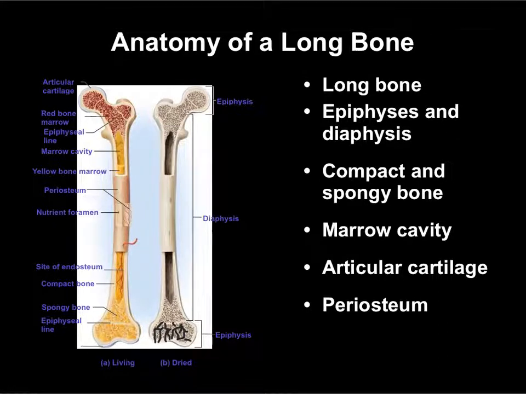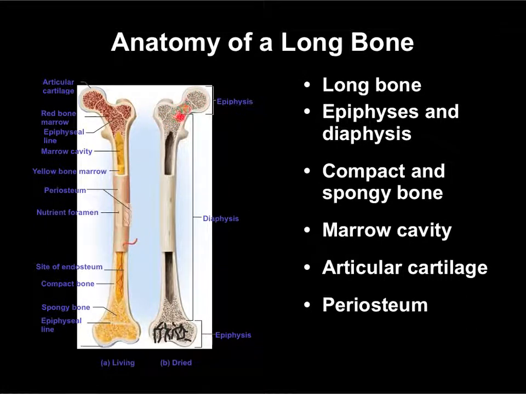Long bones will also have little holes in them, spaced down their length. These are called nutrient foramens, and these are little holes in the bone so that blood vessels can enter and exit the internal portion of the bone. Remember, the inside here is where blood is made.